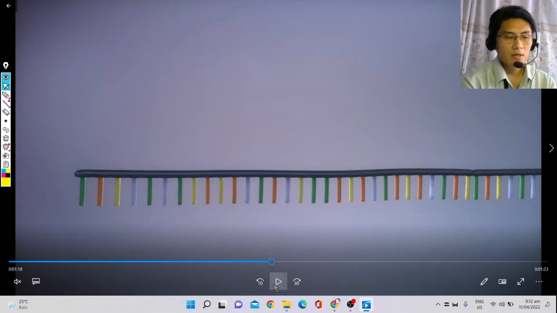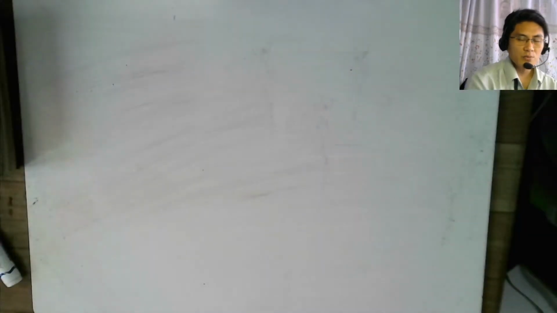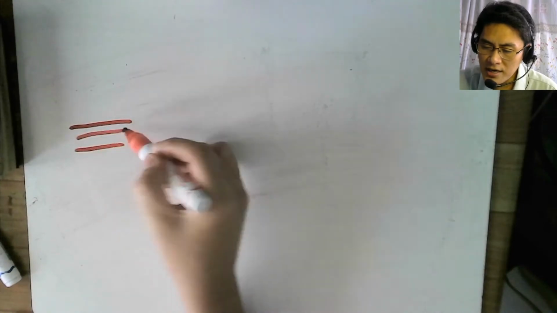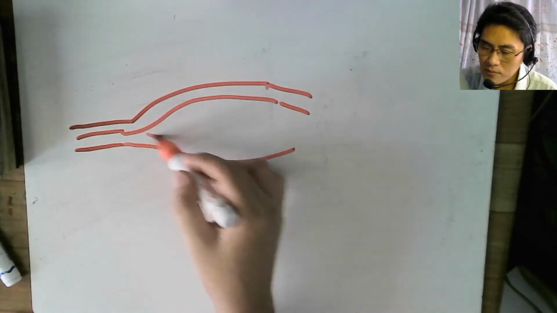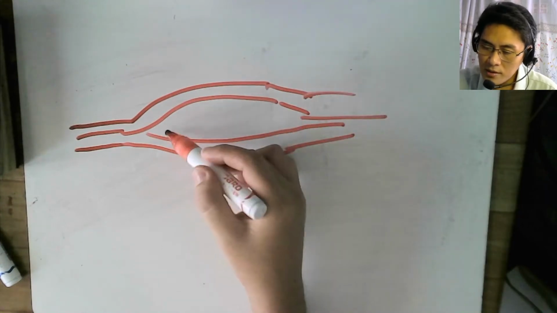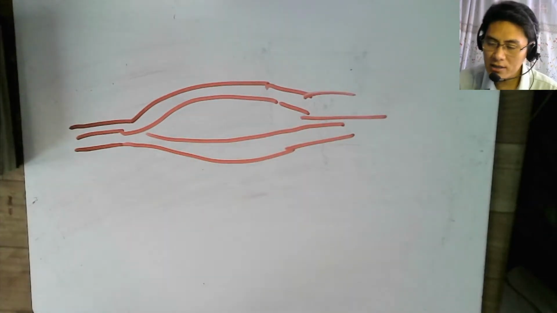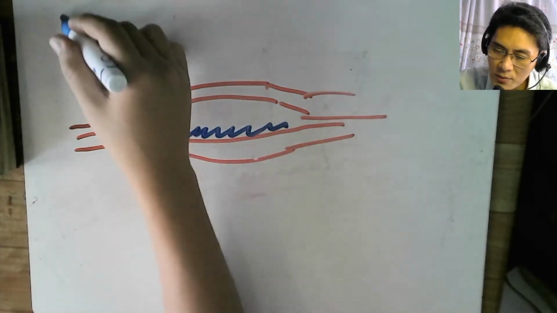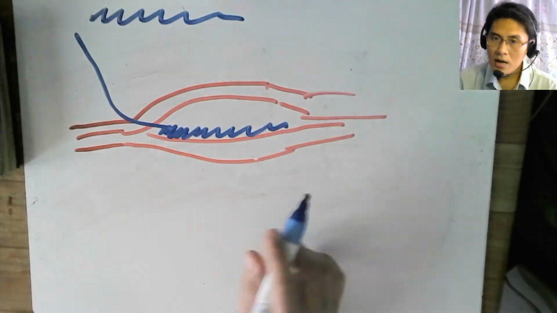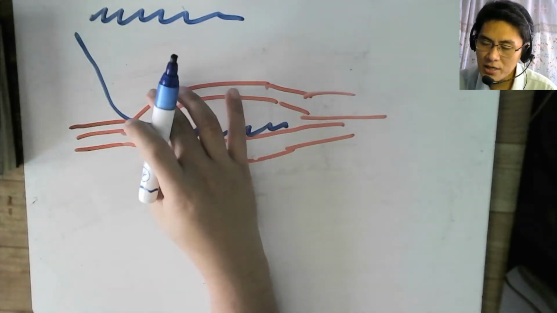Okay? And another difference, which is not shown in the video, is that the DNA is being split, right, into two. And then one of it is being read, one strand is being read, and then this one floats away. And then after that, the RNA polymerase will seal this back.